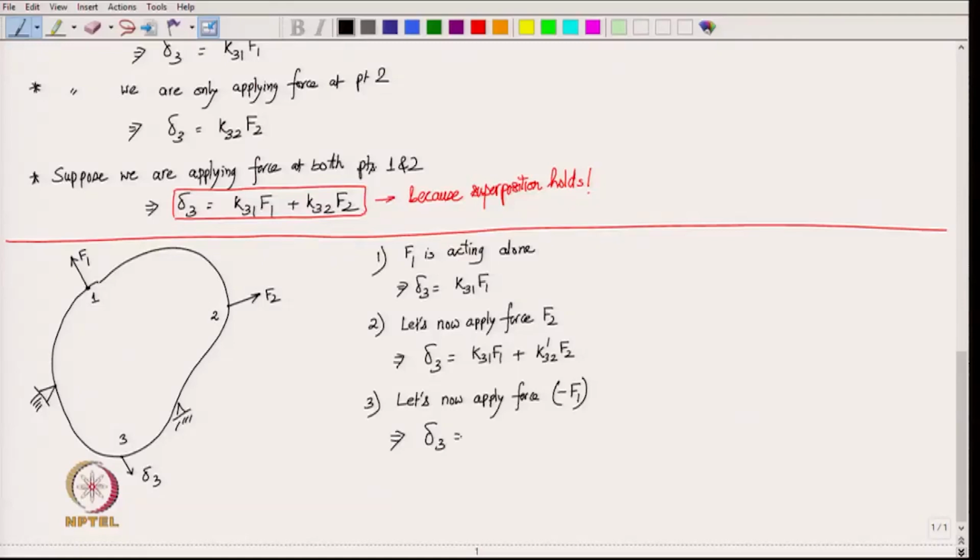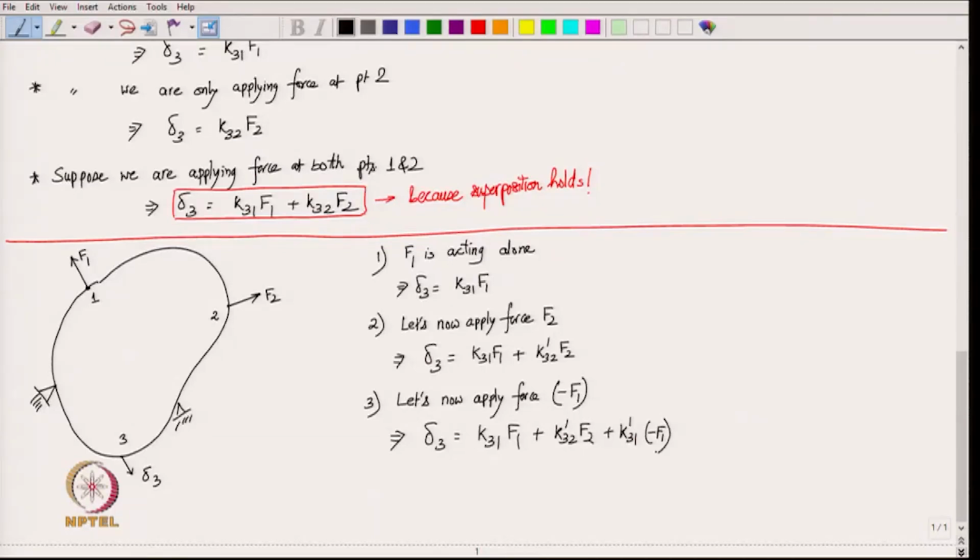So, if we go step by step, in the second step both F1 and F2 are acting. So, the body is now in another state, and then you apply minus F1. So, the influence coefficient for 1 and 3 must have changed. So, that would mean delta 3 is then equal to K31 F1 plus K32 prime F2 plus K31 prime into minus F1.